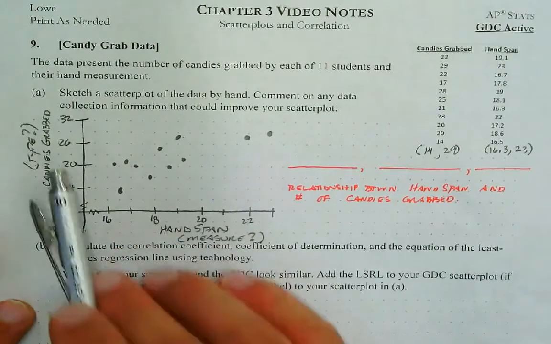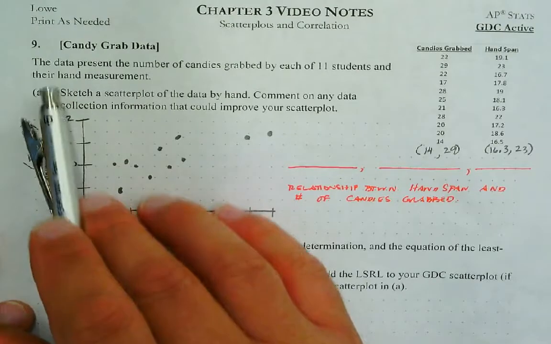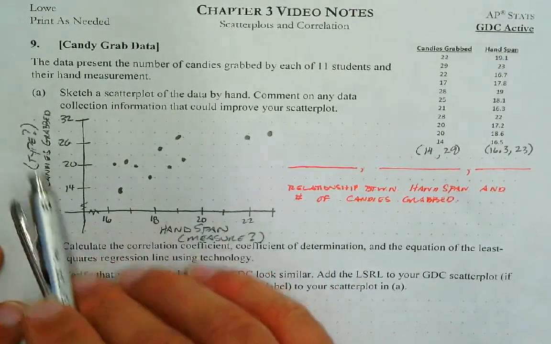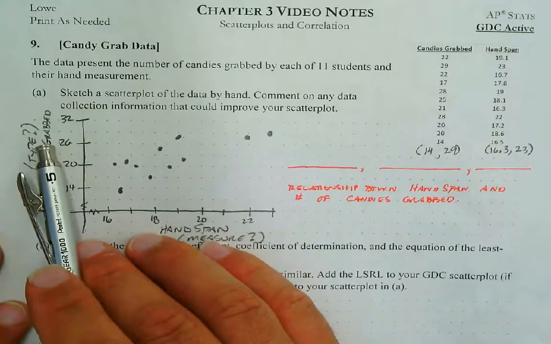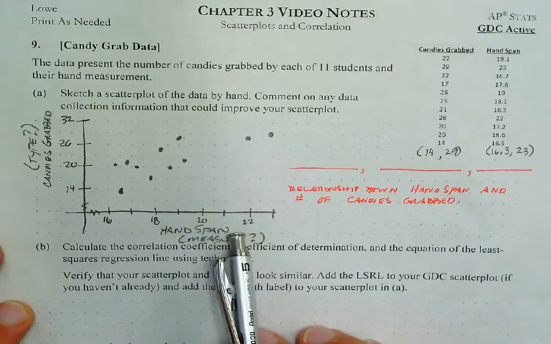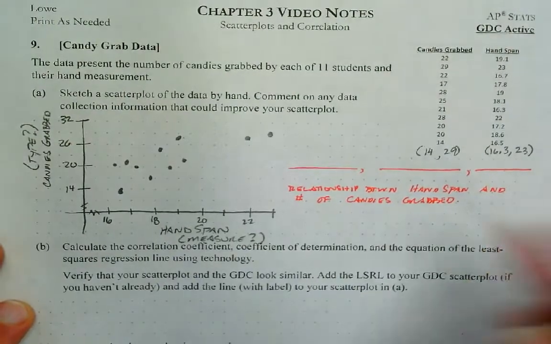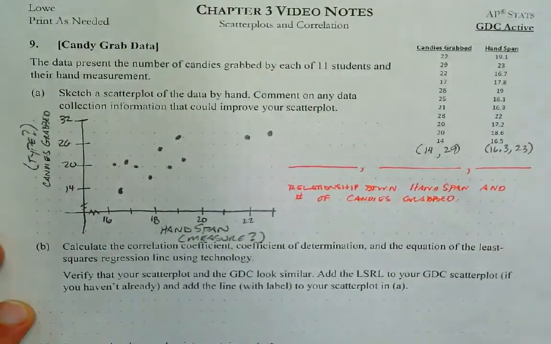But very easily, I might have considered candies grabbed the explanatory variable and put it on the x-axis and say, if I know how many candies you grabbed, then I can probably talk about how big your hand is.